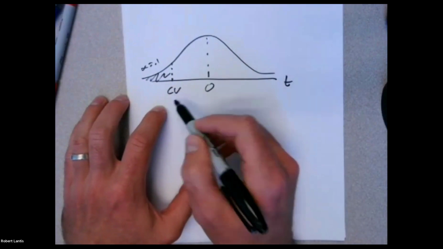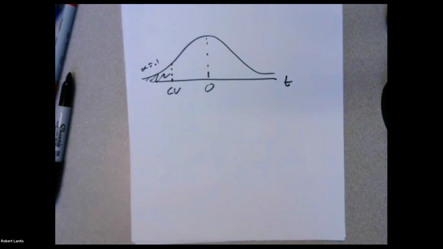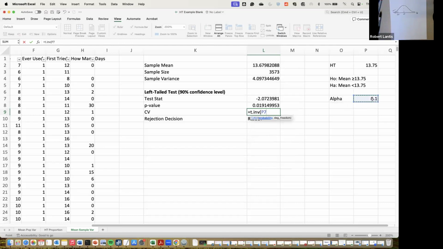It's going to be a negative value. But I know the area in the tail I want is going to be alpha. So similar to what we did before, instead of norm.s.inv, we use t.inv. And I tell it I want alpha in that tail, my degrees of freedom, sample size minus 1. That lets it know which student t-distribution to use. And I get my critical value.